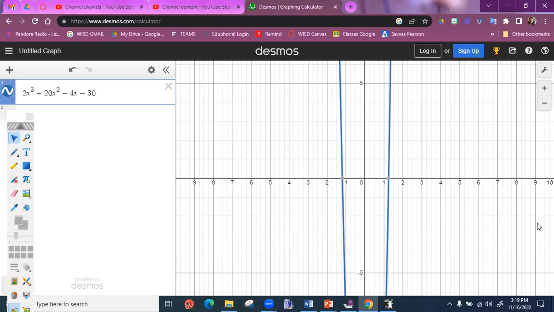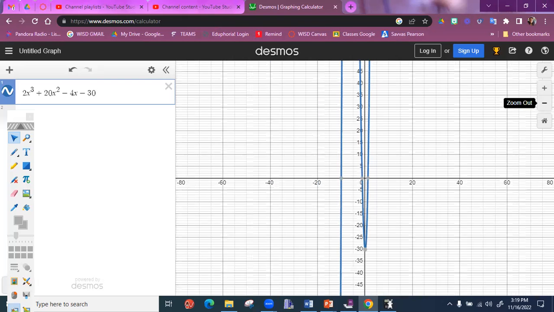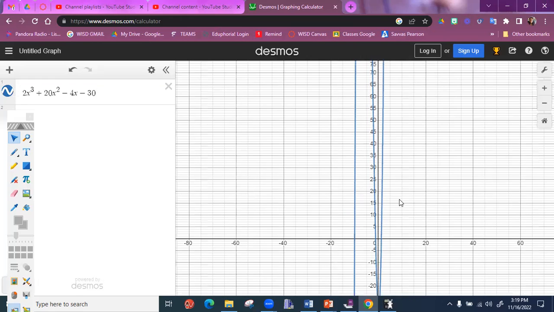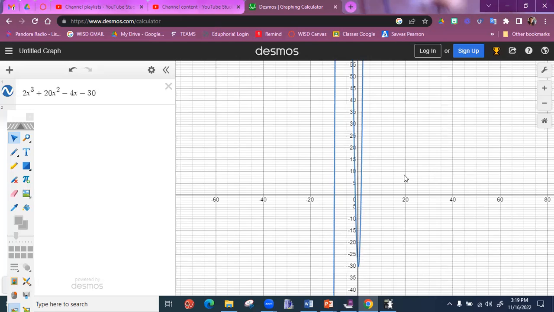Okay. So notice how when you initially graph it, it looks like that's it, right? But that's not it. If we zoom out, we're going to be able to see more of the graph. And you're like, oh, wait, there's more to the graph. When this happens, we want to practice changing our window settings.